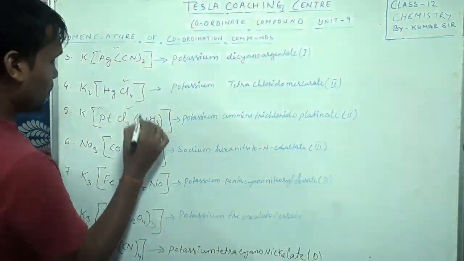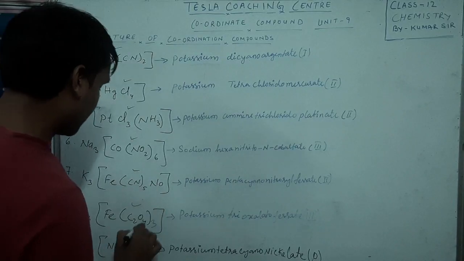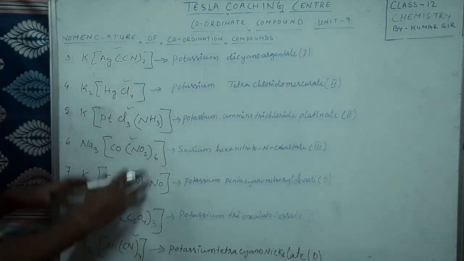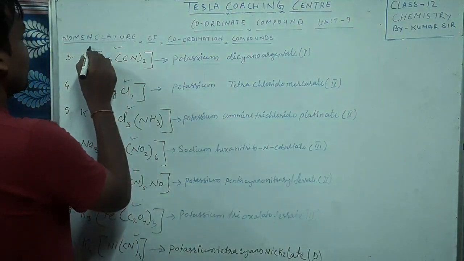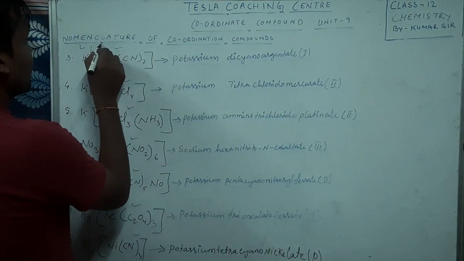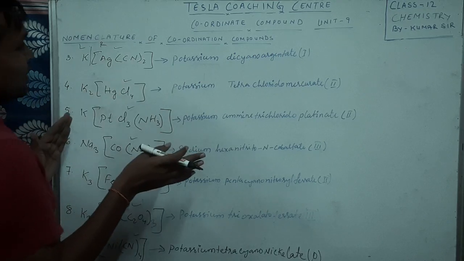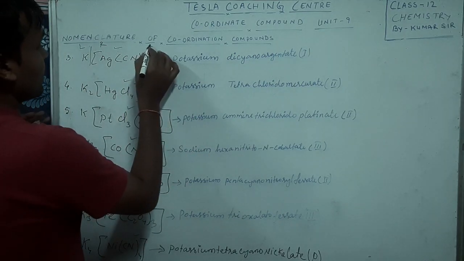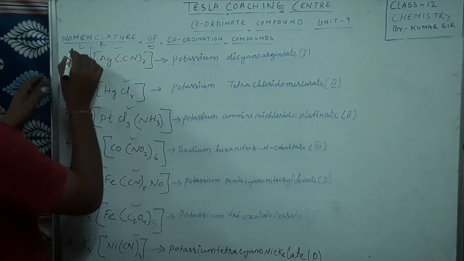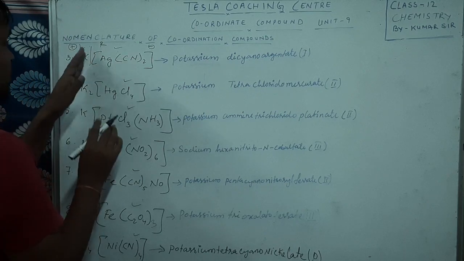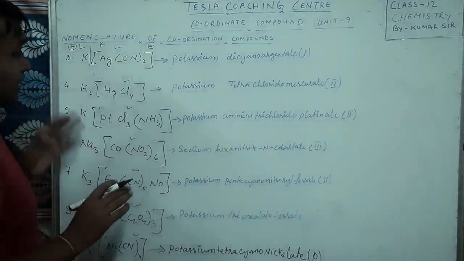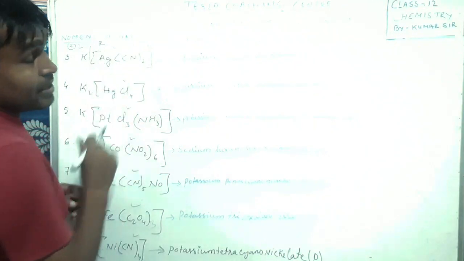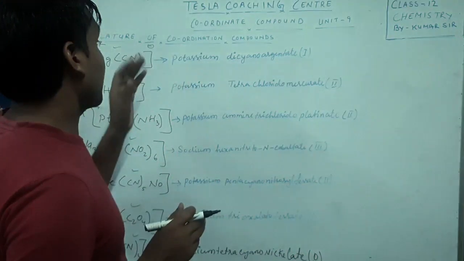All of these inside the bracket are the complexes or the coordination entities. They are on the right hand side, that means they are negative. And the ones outside the bracket are all positive, they are cations.